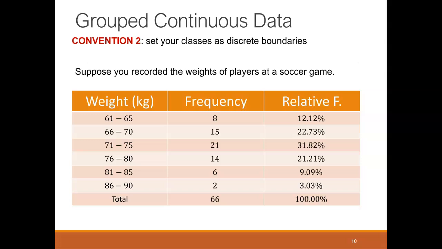We've written it as whole numbered, like a discrete boundary, but notice that there's some implied rounding, because where would the 65.6 kilogram person go? It gets rounded up into the 66 pile, and the 65.4 kilogram person would get rounded down into the 65 pile.